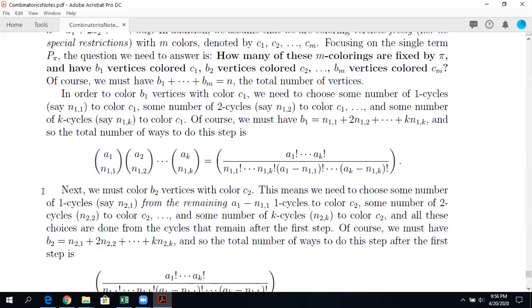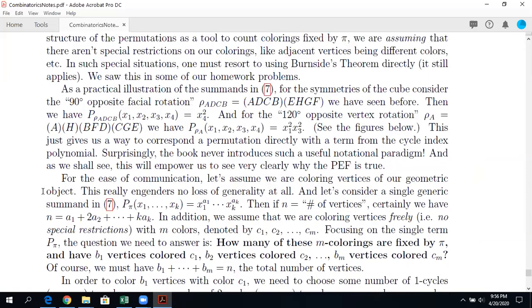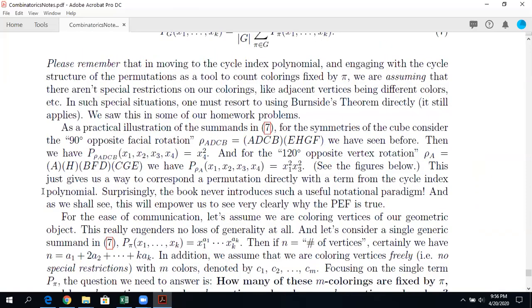So what do we have? For the 90-degree opposite facial rotation, rho sub ADCB, you just have that little 4-cycle and then another 4-cycle. Then for that permutation, you have 4 variables that you're going to need.